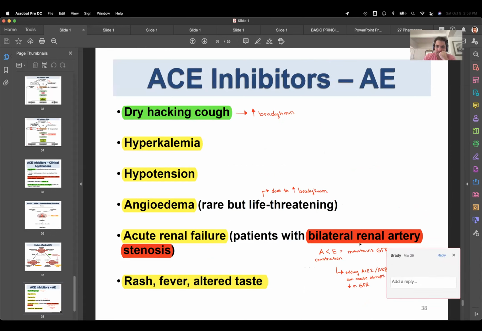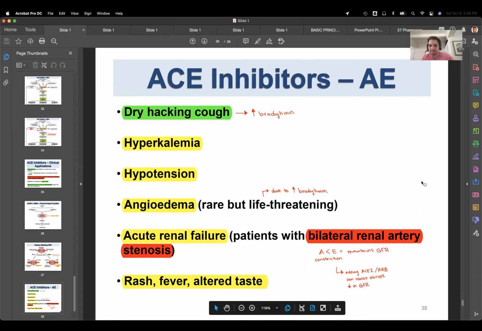I think Dr. Clunes brought this up a lot: bilateral renal artery stenosis. If you were to give an ACE inhibitor, it will cause a drastic decrease in GFR. So you need to be aware of that.